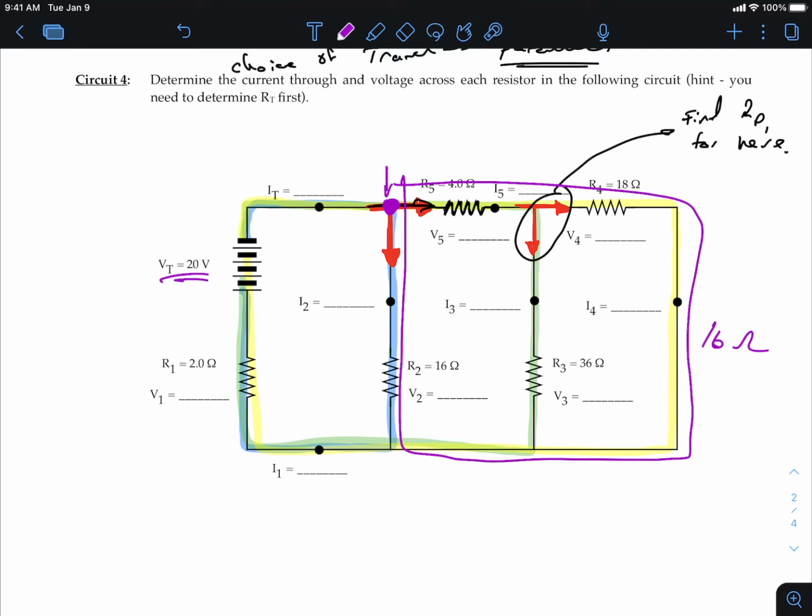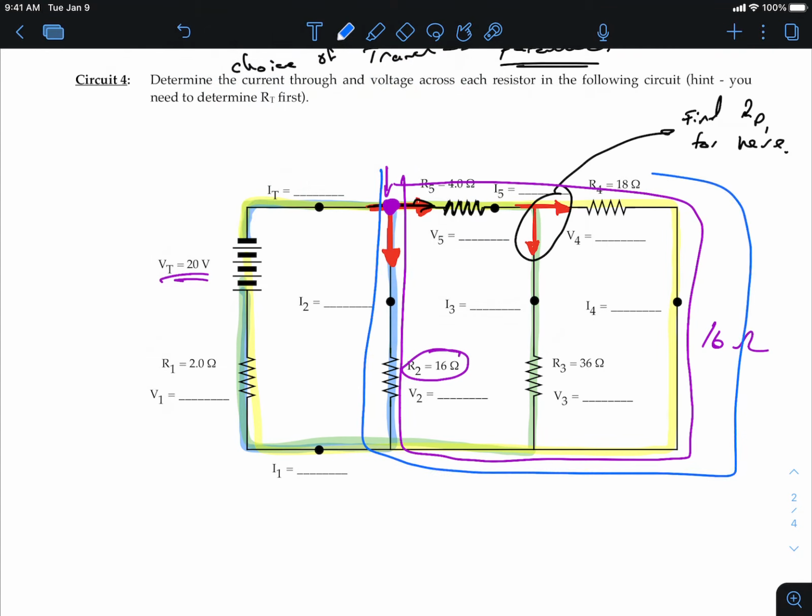If I take the blue route, I'm also going to experience 16 ohms of resistance. So again, what we're trying to do is calculate an equivalent resistance for the blue box, because the electrons are making a decision here as well. The blue box is all about the decision at the first junction, and the purple box is all about the decision that the electrons are making at the second junction.